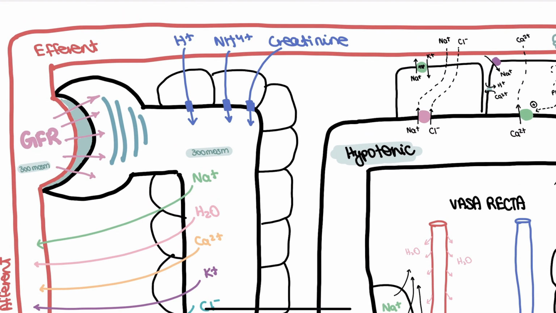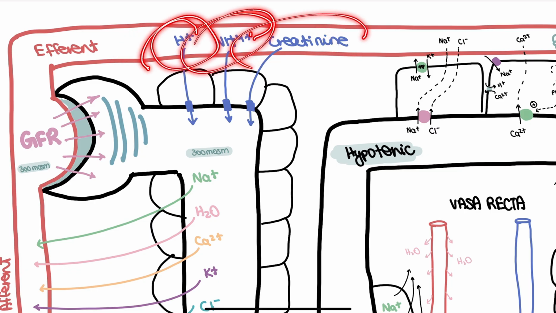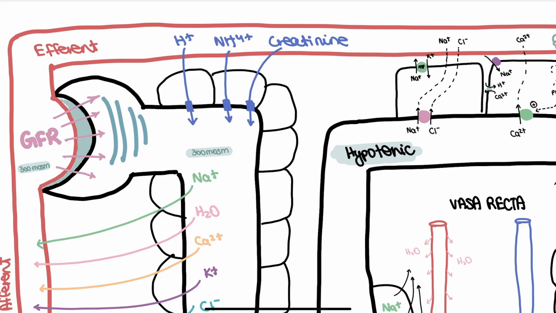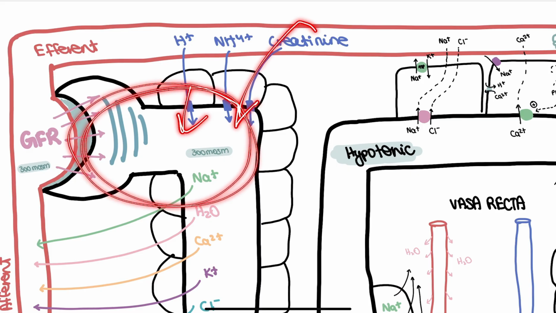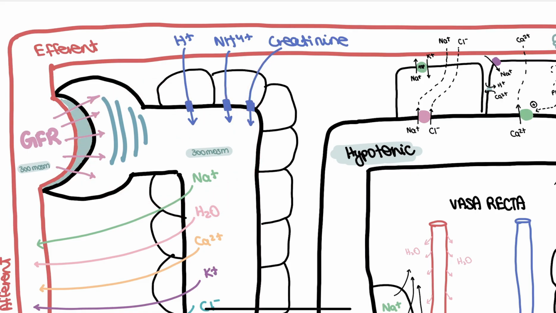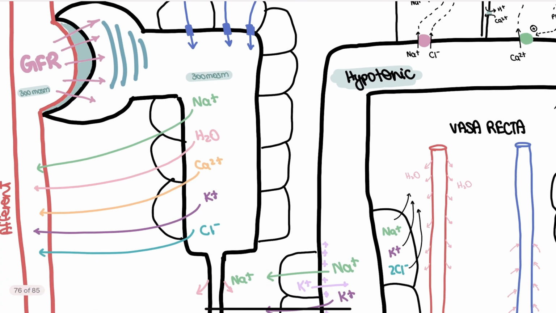So first of all, from the efferent arteriole, we get things like hydrogen ions and ammonium and creatinine, which get absorbed into the proximal convoluted tubule, noting that the proximal convoluted tubule is responsible for around 60 to 70% of reabsorption, and so it does most of the work.